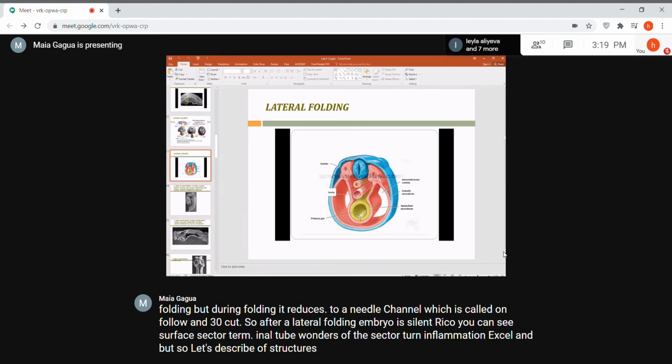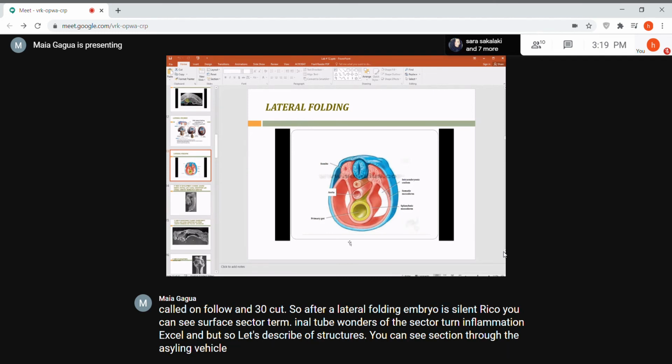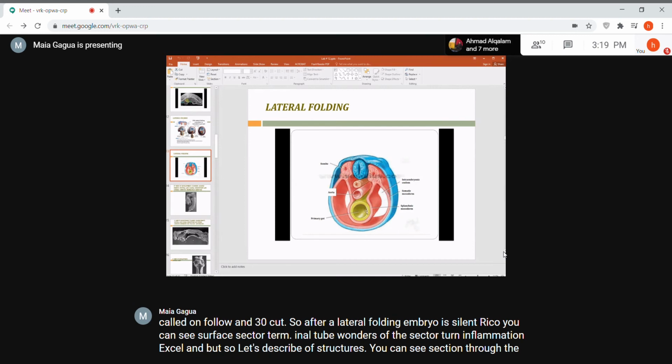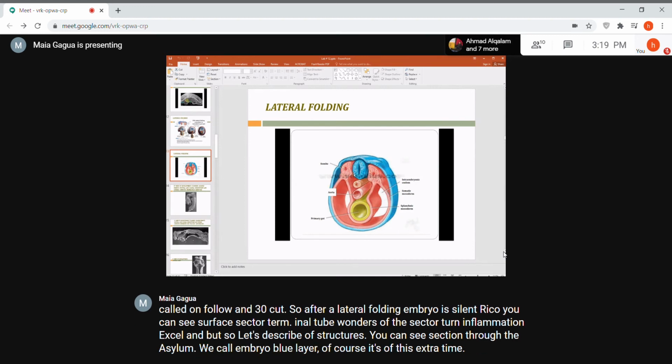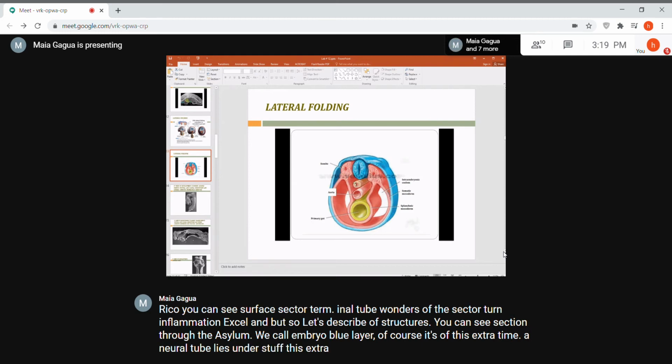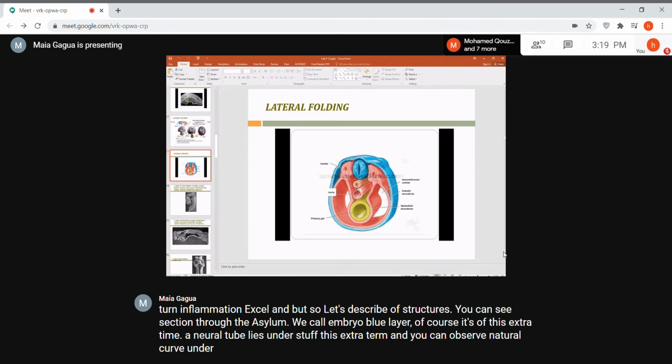You can see section through the cylindrical embryo, blue layer, of course, it's surface ectoderm. Neural tube lies under surface ectoderm, and you can observe notochord under neural tube. This is aorta and this is gut.